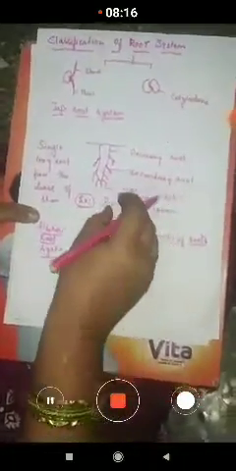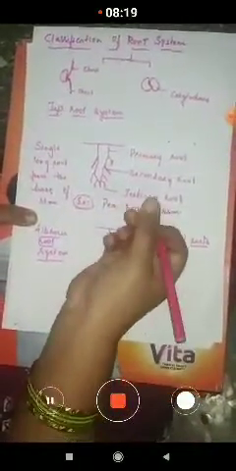You can also give the example beans. You can also give the example grams. These are some of the examples where the plants have two cotyledons. Here you can also give the example of mustard. So by seeing the seed you can identify whether this plant has the taproot or the fibrous root.